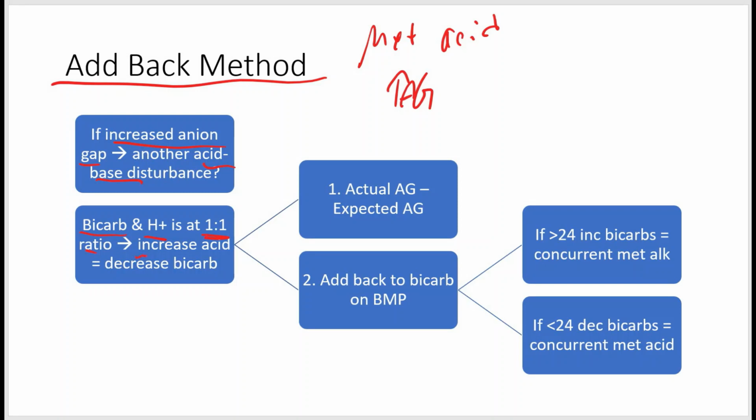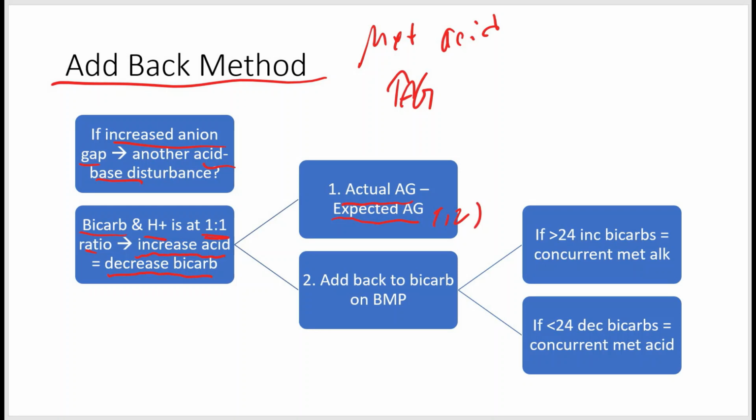If there is a certain amount of increase in acid, there will be the same decrease in the amount of bicarb. To calculate this, you first want the actual anion gap, which is your calculated anion gap, and the expected anion gap, which is normally 12.